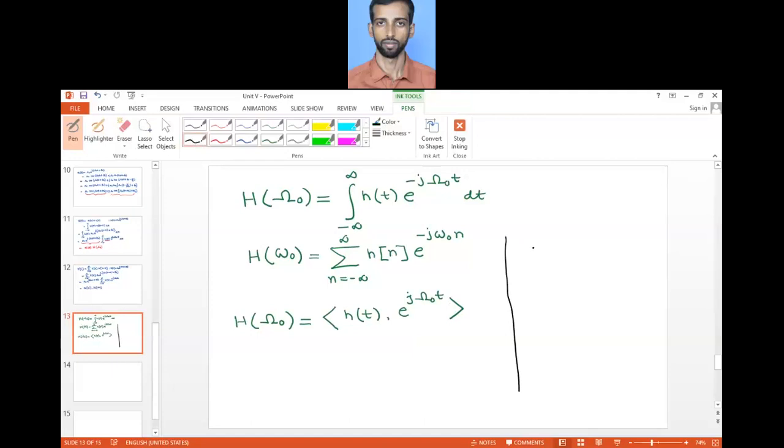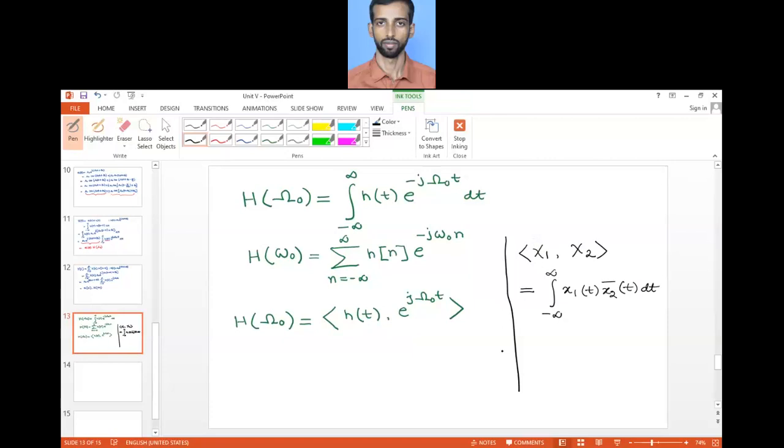If I have two vectors, say x1 and x2, and assume these two vectors are continuous in nature, the inner product between them is given by the integral from minus to plus infinity of x1 of t times x2 conjugate of t dt. That is the inner product.